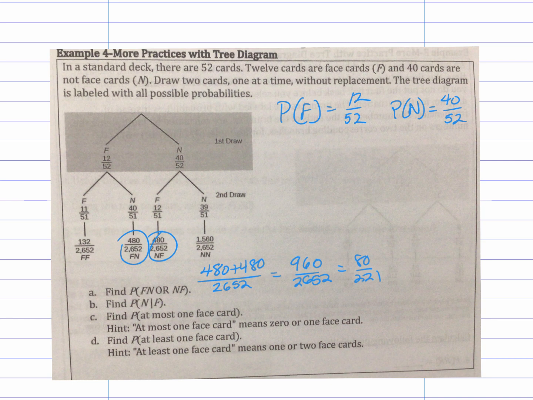The probability of non-face, given that you got a face, and that's right there, 40 out of 51. The probability that at most you'll get one face card, and in this example, at most one means 1 minus 2 face cards.